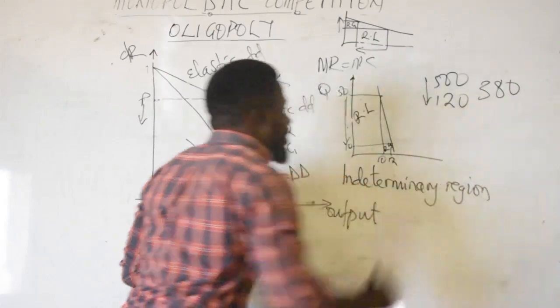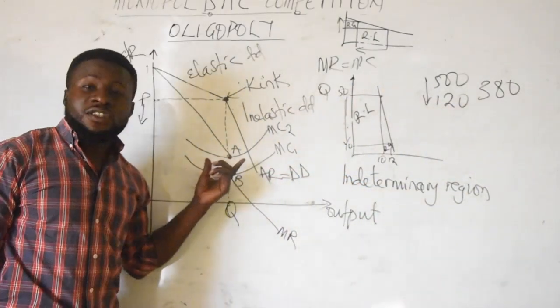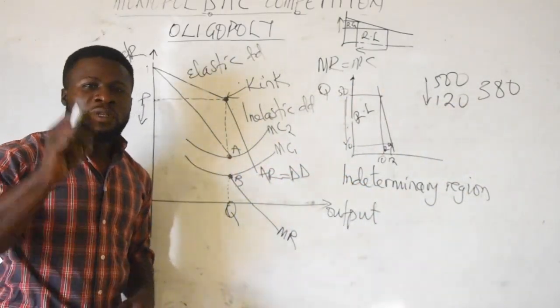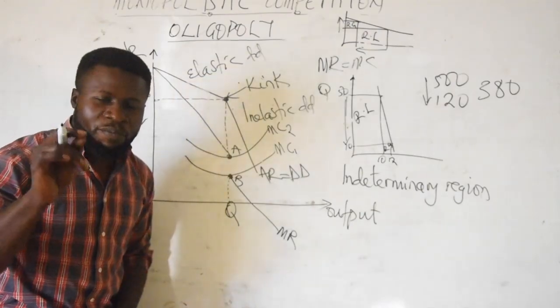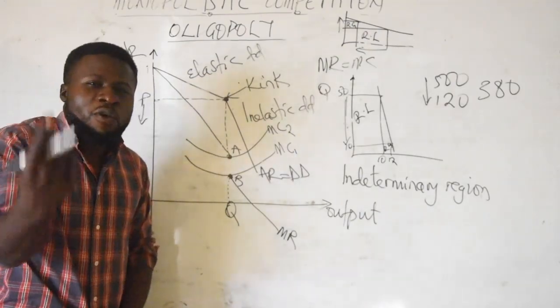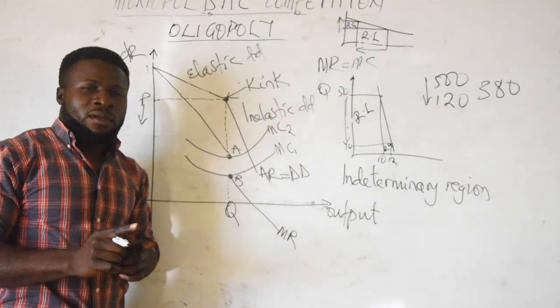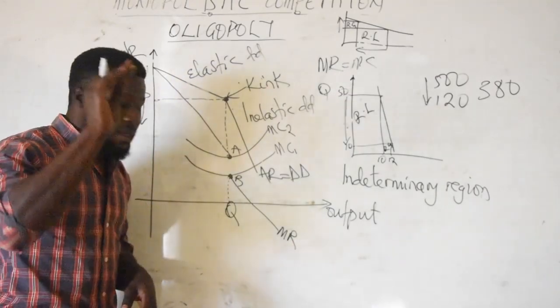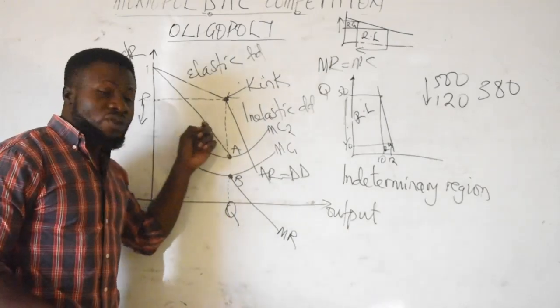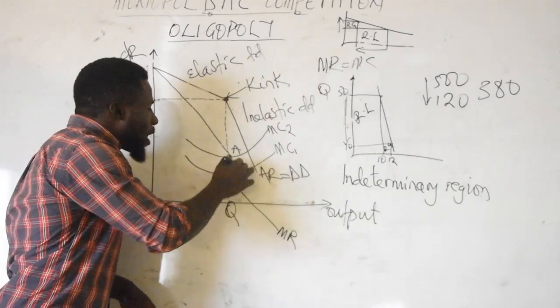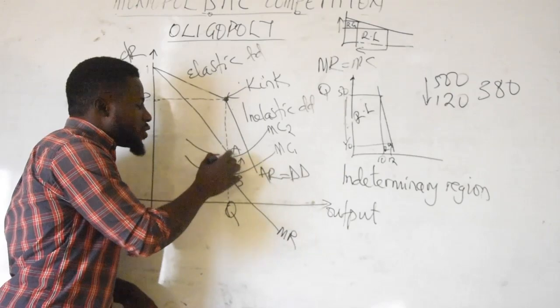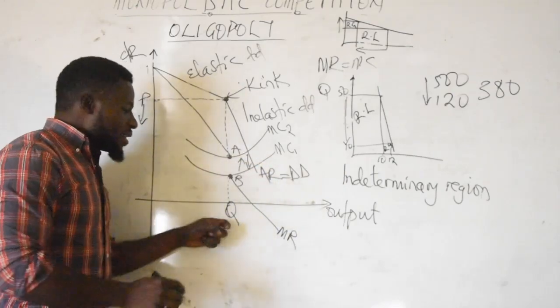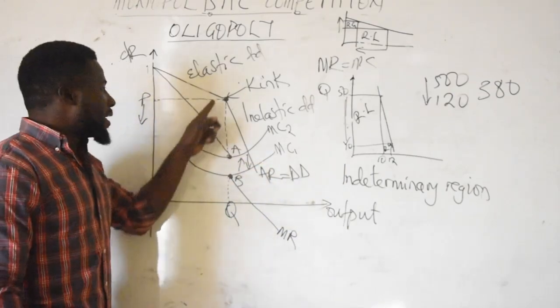And the indeterminate region is just there to explain what? No matter the change in your cost of production as an individual oligopolist in that industry, it will not help you if you reduce or increase the price. Even if your cost of production, that is marginal cost, were to rise or fall, maintain output at point Q and then charge price P.